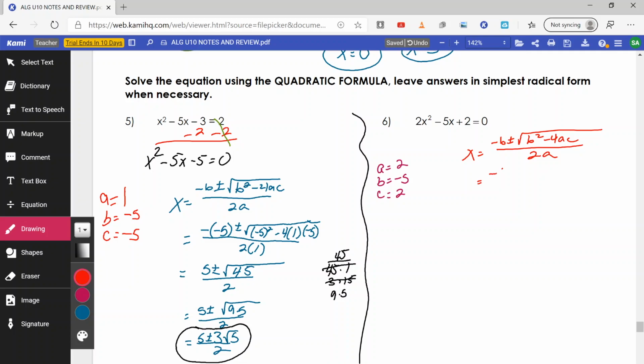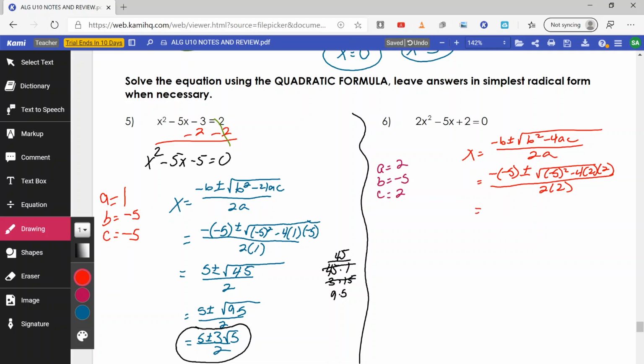So here we have the negative value of b, so -5 plus and minus the square root of -5 squared minus 4 times 2 times 2 all over 2 times 2. So negative value of -5, I just changed the sign.